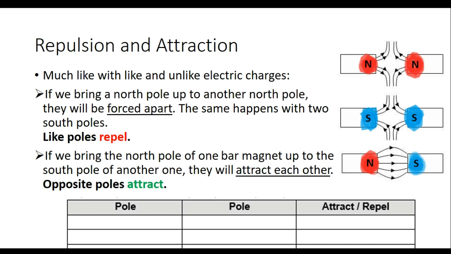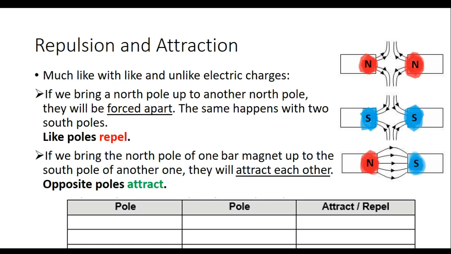We call that repelling. So much like electric charges repel, like poles on magnets also repel. And as with electric charges, opposite poles, so unlike poles, attract each other. So that means they will go towards each other.